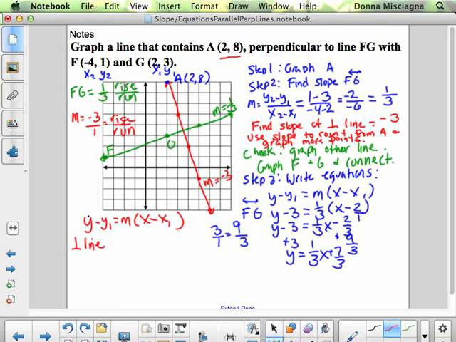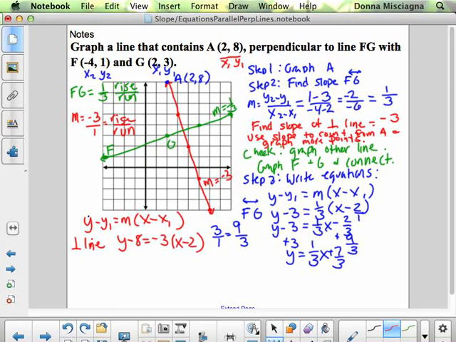All right, and we only have 1 point for the perpendicular line, and that's 2, 8. So 2 will be x1, of course, and 8 is y1. So for the equation of that perpendicular line, that would be y minus 8 equals, the slope of the perpendicular line is -3, so y minus 8 equals -3 times x minus 2.